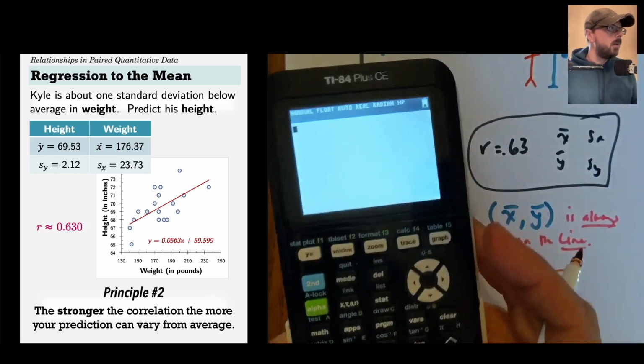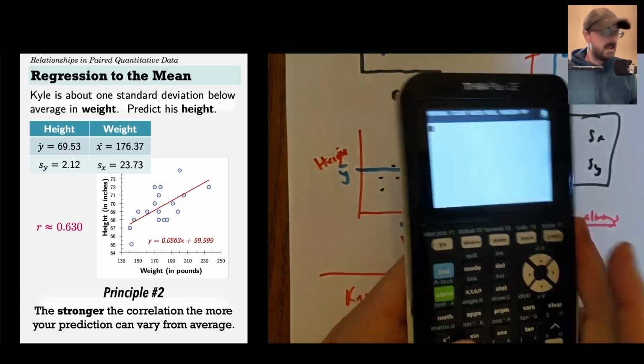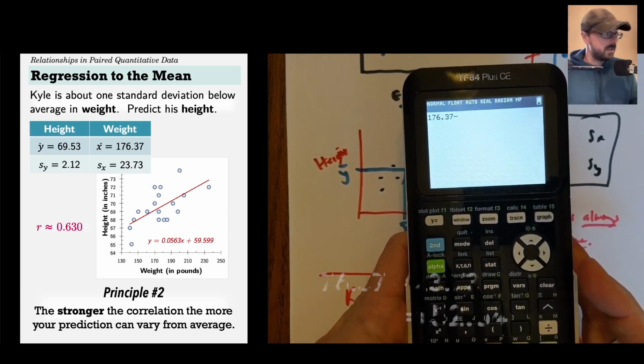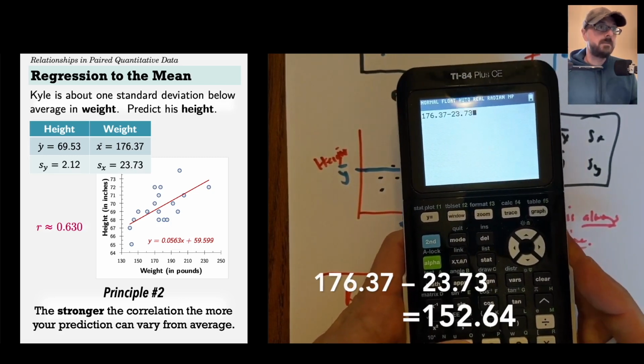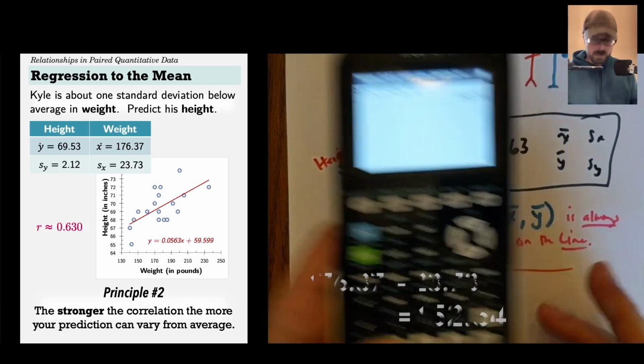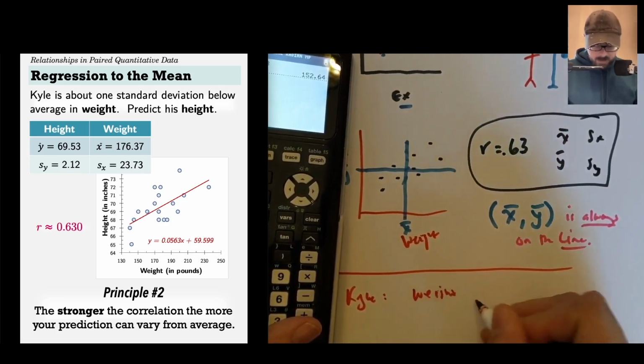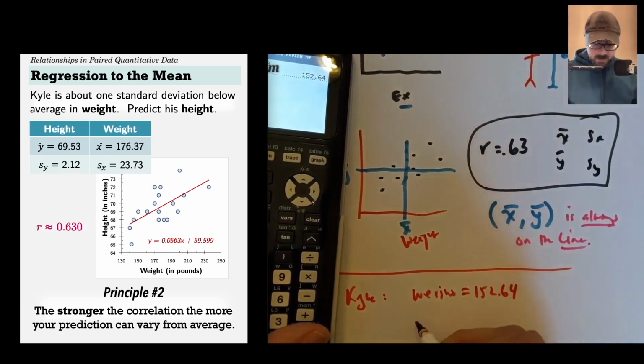If Kyle was 1 standard deviation below average in weight, that would be 176.37 minus 1 standard deviation, 23.73. That's 152.64. So Kyle's weight is 152.64. Let's figure out what his predicted height is supposed to be based on the line.